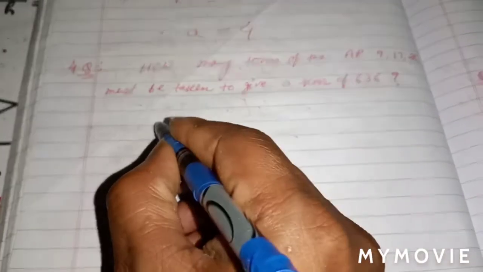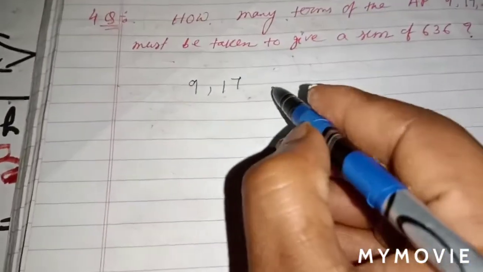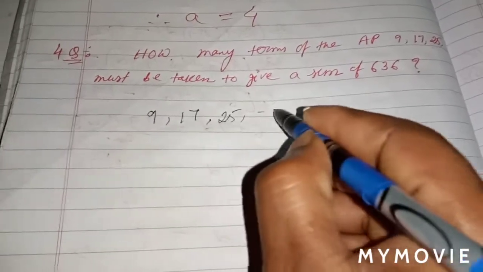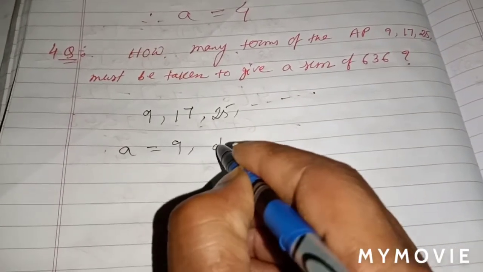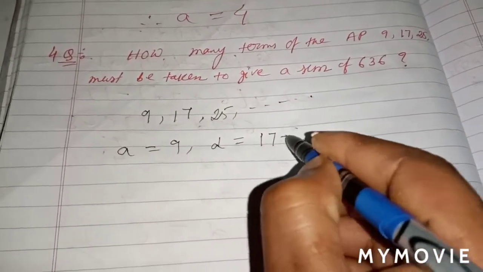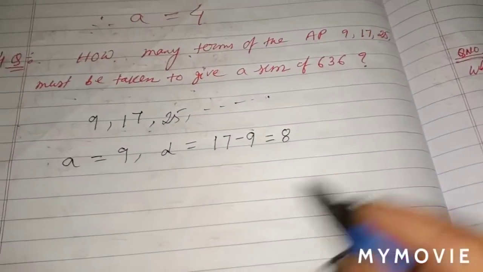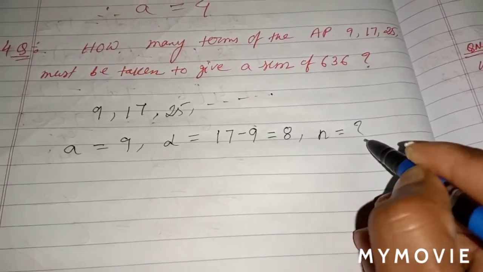Here first you write the AP: 9, then 17, then 25, and so on. Here A is 9. D is 17 minus 9, which is 8.